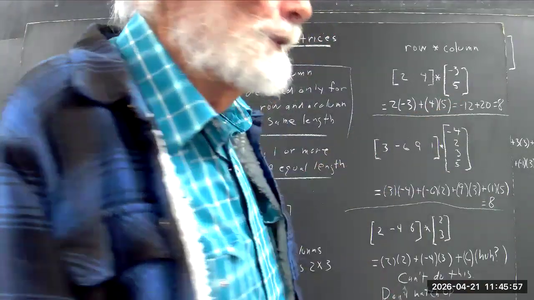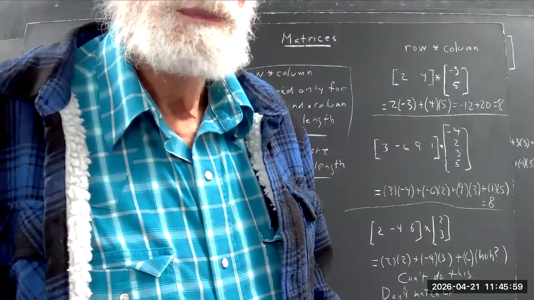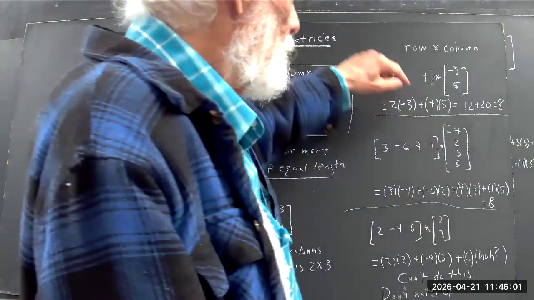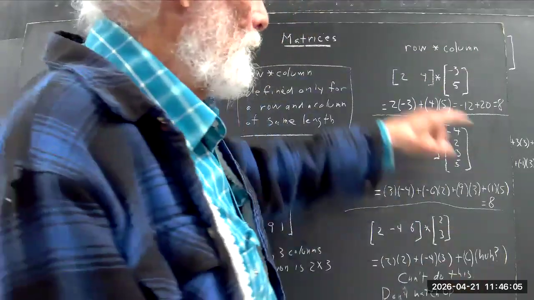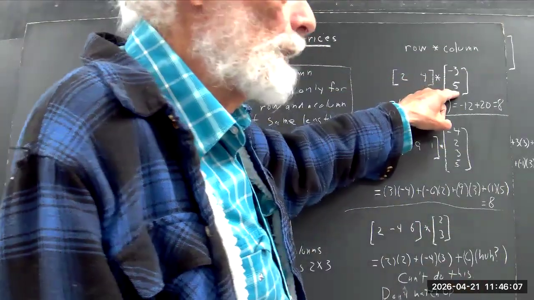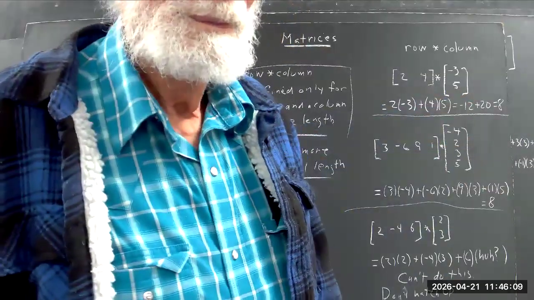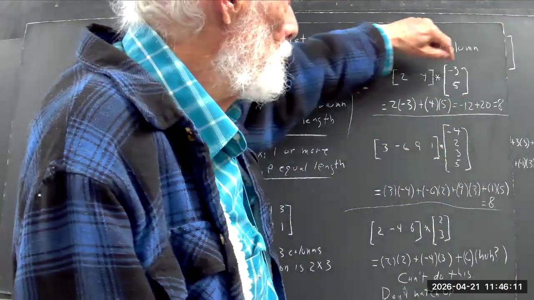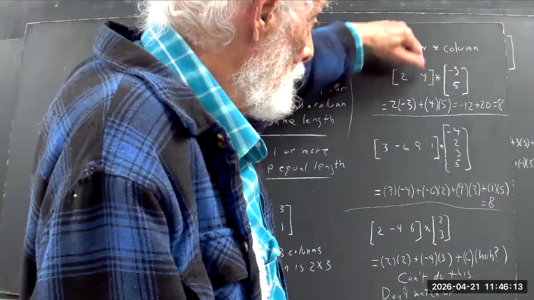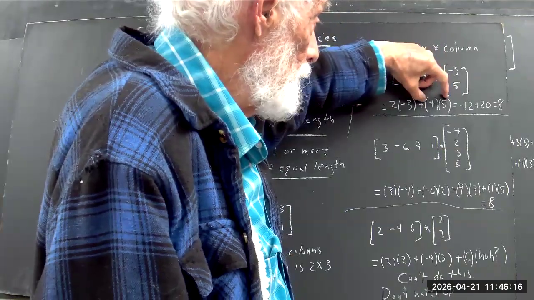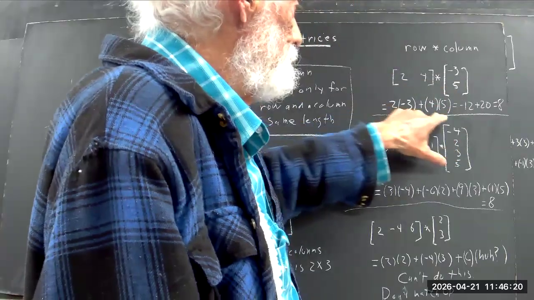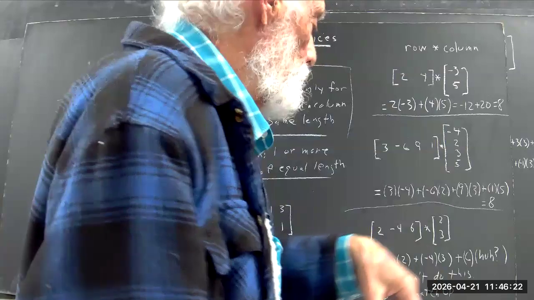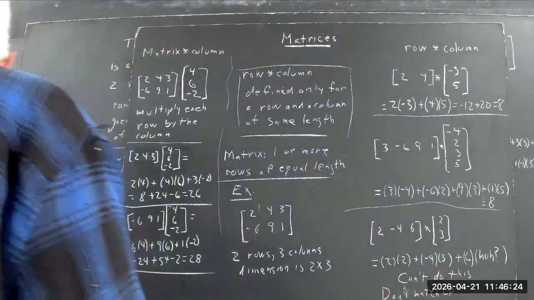And to multiply these, we just do the most obvious thing you could. Take the first number in the row, multiply it by the first number in the column, and then take the second number in the row and multiply it by the second number in the column, which means we're going to multiply 2 times -3, and then we're going to multiply 4 times 5. And that's going to give us 2 multiplications. We do the arithmetic, and we get a result. Okay?